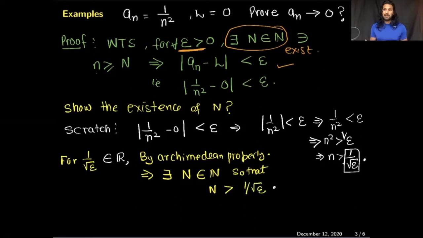This is what the Archimedean property gives us for this real number, which we got from this scratch work.